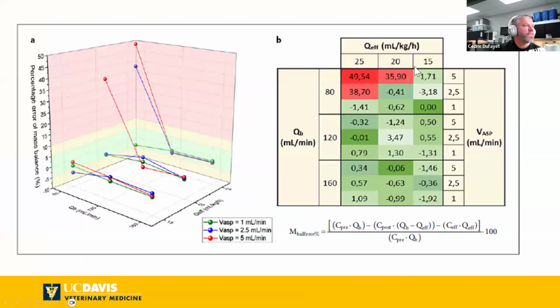I think if you look at that part of the graph right there, they have some mass balance errors that are actually positive, meaning that if you add up all of the BUN concentration and flows, you actually have more BUN at the end of the day than you had previously, right?